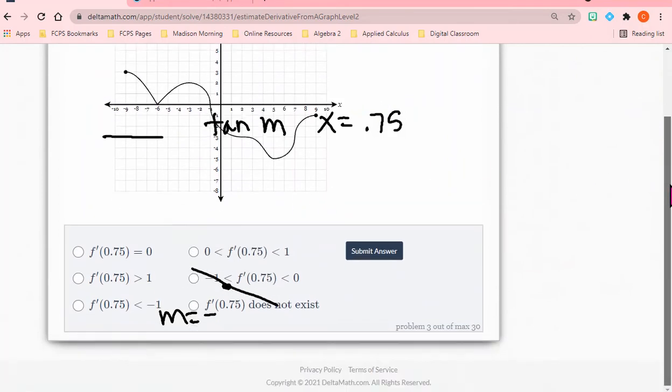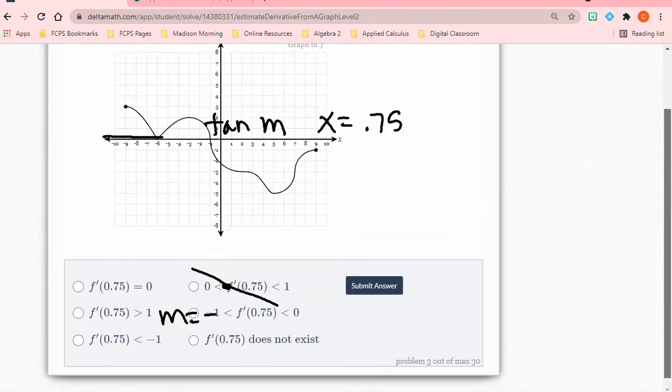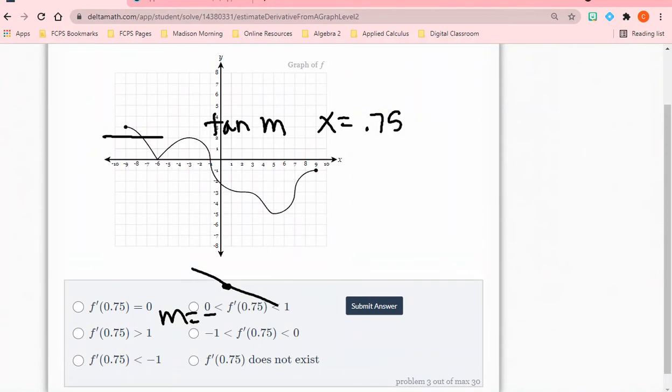Okay, not very steep, so not this one. It's not 0, it's not positive. So it's asking how steep is it? Compare it to a slope of 1. It was not very steep.